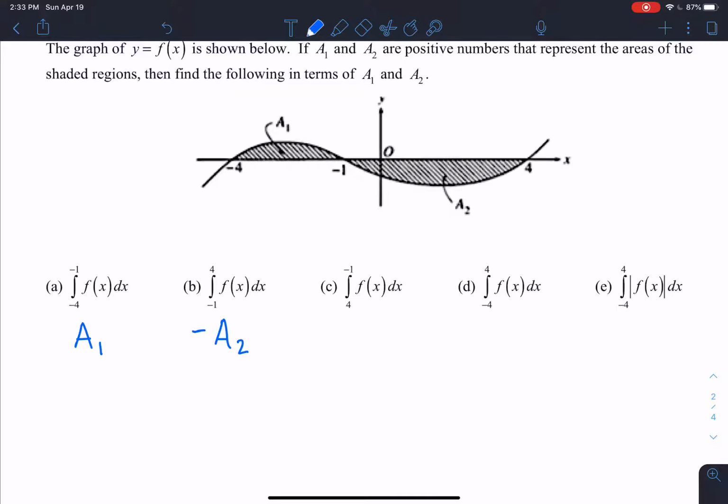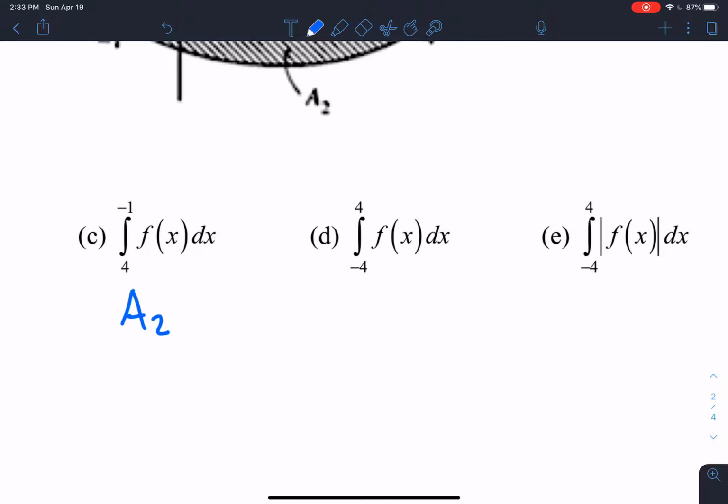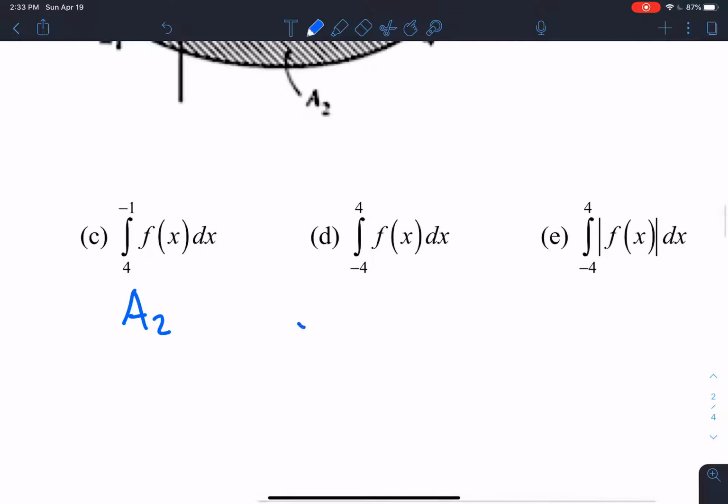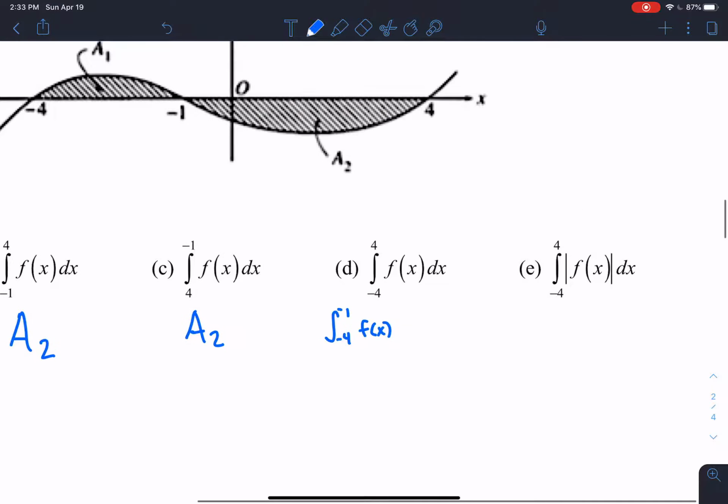Then for the third one, as I go from right to left, that becomes positive A2. Now if I'm doing from -4 to 4, that's really the integral from -4 to -1, and then adding with that the integral from -1 to 4.